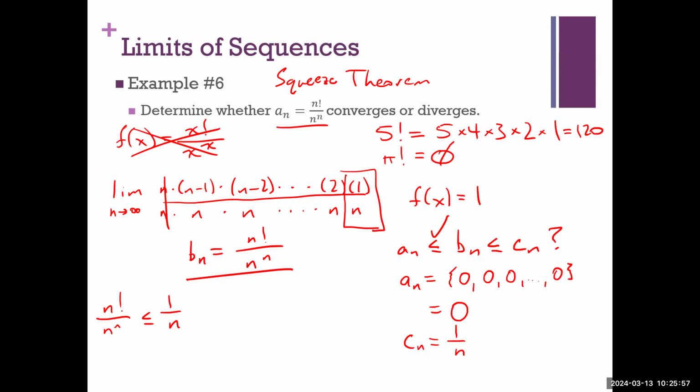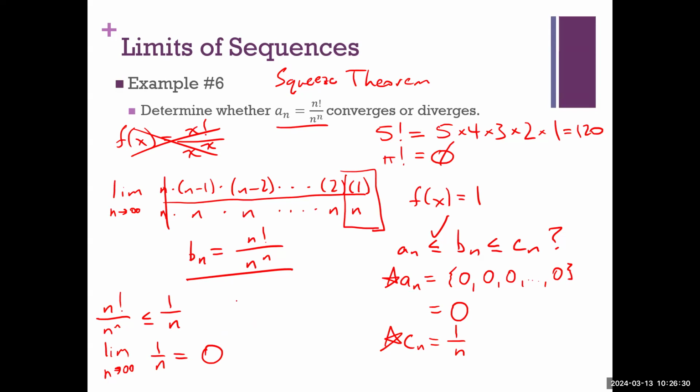Did we look at that exact sequence last time, or something like it? But basically, the limit as n approaches infinity of 1 over n: I have a constant 1 over a variable n that's going to keep getting larger. That's going to keep getting smaller and smaller, trending towards 0. So that is why I am suggesting we choose this a sub n and this c sub n.